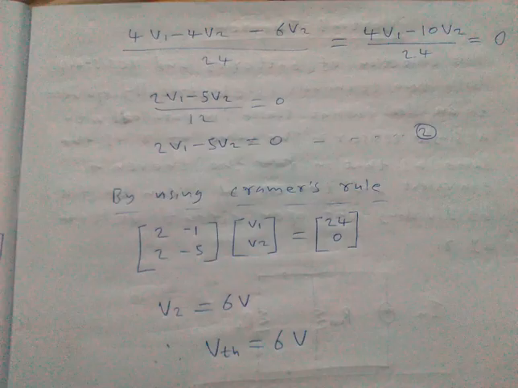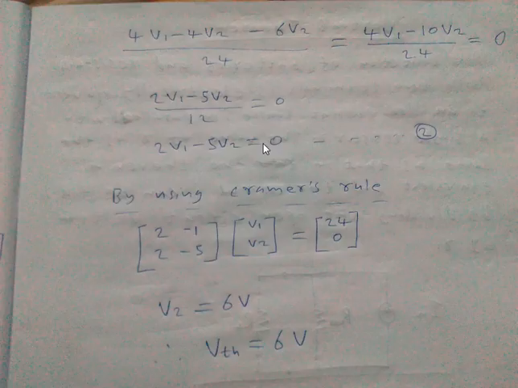Before 24 comes to this side, we can take 2 out of this, so 2V1 minus 5V2 divided by 12 is equal to 0. When 12 goes to this side, it becomes 2V1 minus 5V2 is equal to 0.